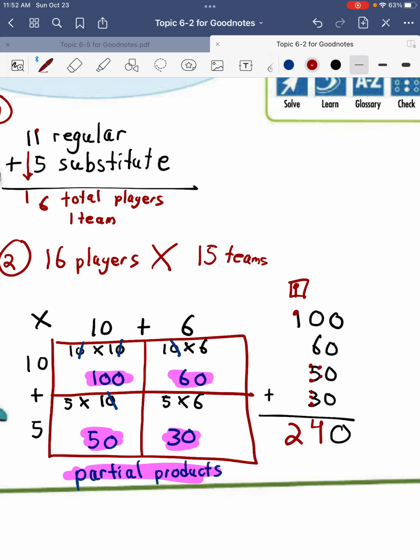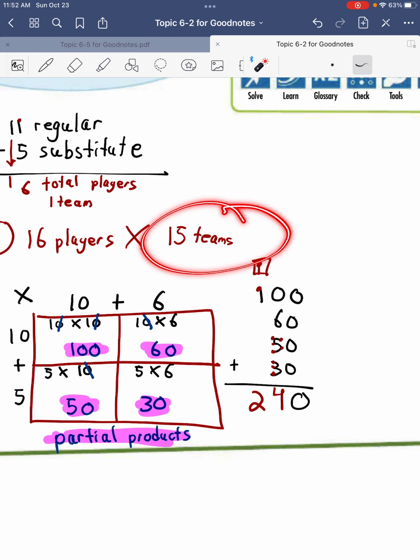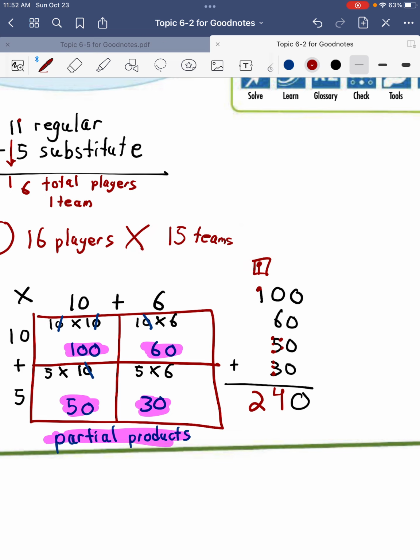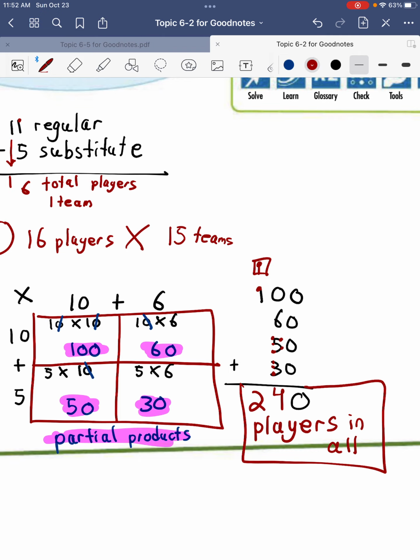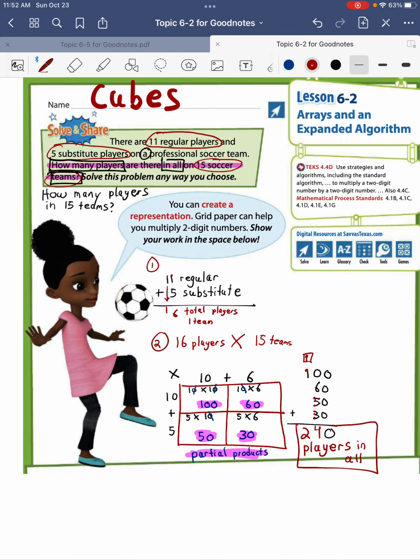I get 240. So I can say that in 15 teams, there is a total of 240 players in all. Okay. And that is how we multiply with two-digit numbers.